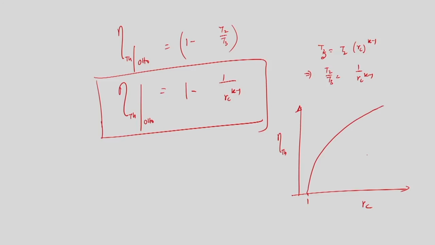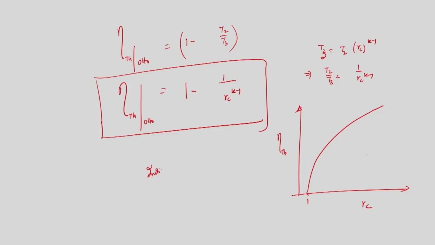So, this is the thermal efficiency of the Otto cycle, but this is known as indicated thermal efficiency. This is not brake thermal efficiency. Why?